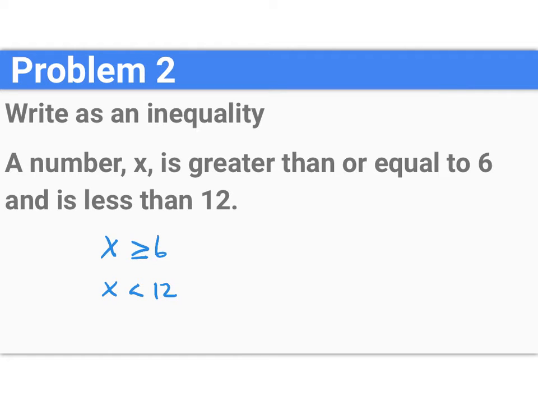Okay, so we have what is called a compound inequality, and watch how we do this. So 6 and 12. We know that x is greater than or equal to 6 and less than 12. So we can write it as one statement on one line. So I know I didn't show that in the examples, but you could have just left it as two separate inequalities.